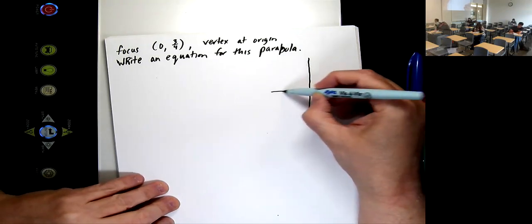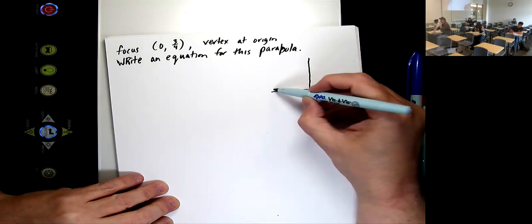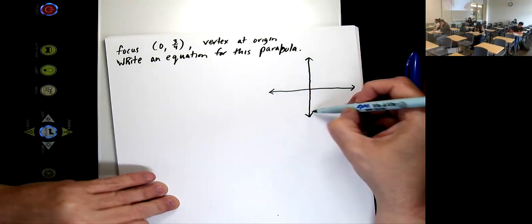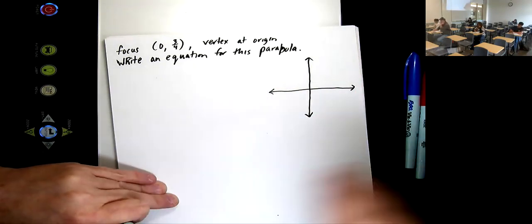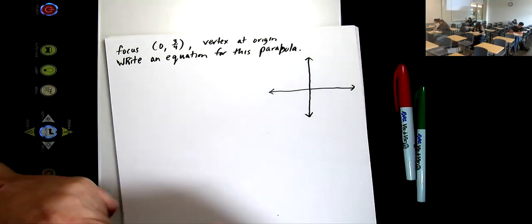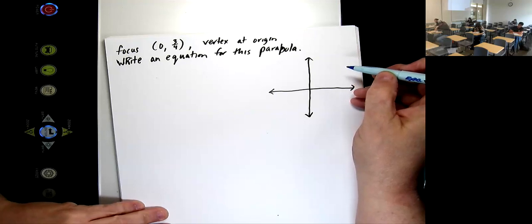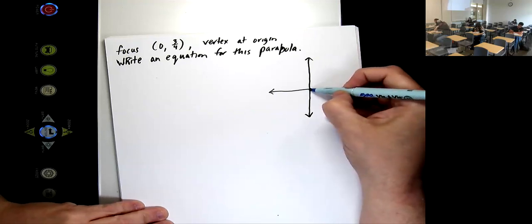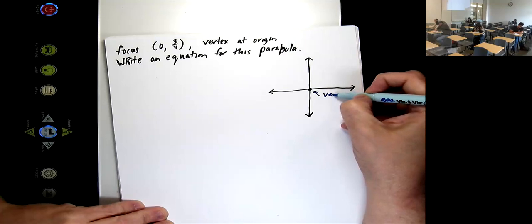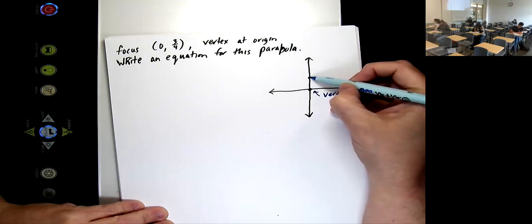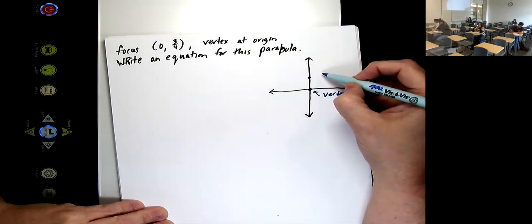I think it's helpful to sketch the vertex and focus first. And I don't need them exactly, I just need to see where they are, which axis is where. My vertex is there. My focus is along the y-axis on the positive side.